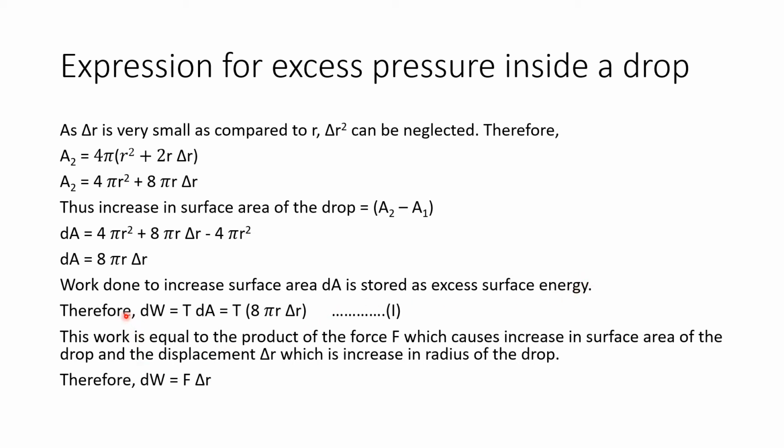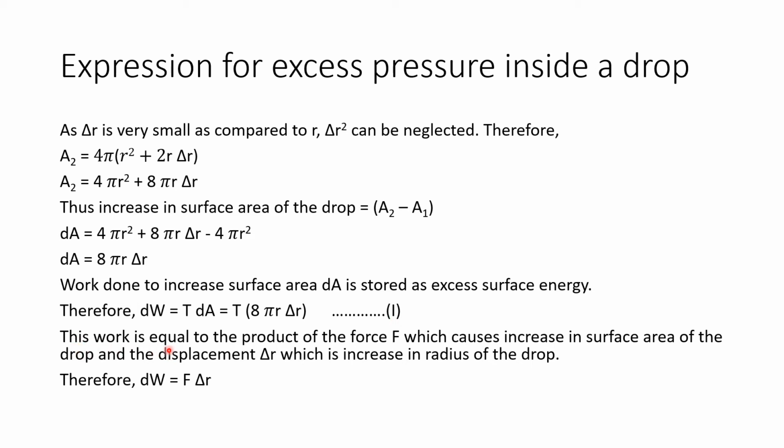Therefore we can write dW, that is work done, is equal to T into dA, that is T into 8 pi R delta R. This work is stored as excess surface energy. Let us represent this equation as equation number 1.